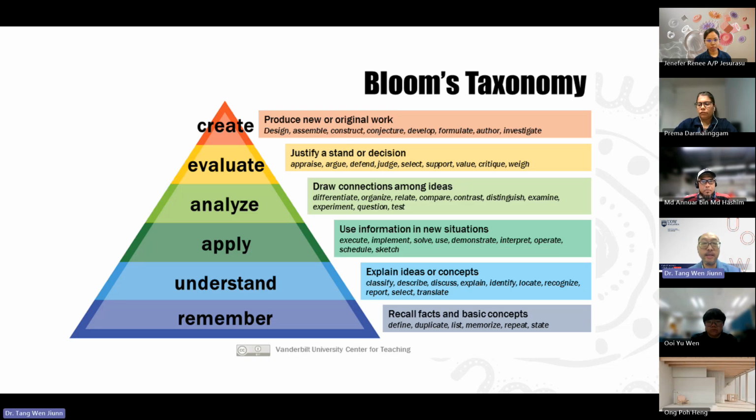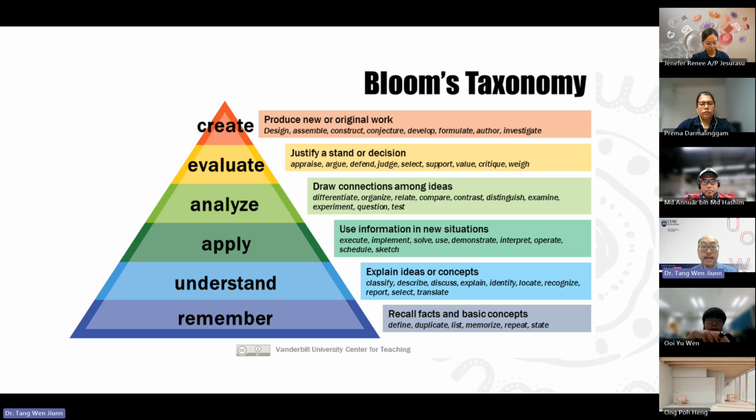Bloom's taxonomy: we start from the bottom, which is the lowest. Remember, then understand, going up: apply, analyze, evaluate, and create. So this will guide us on what we want the students to attain based on their levels.